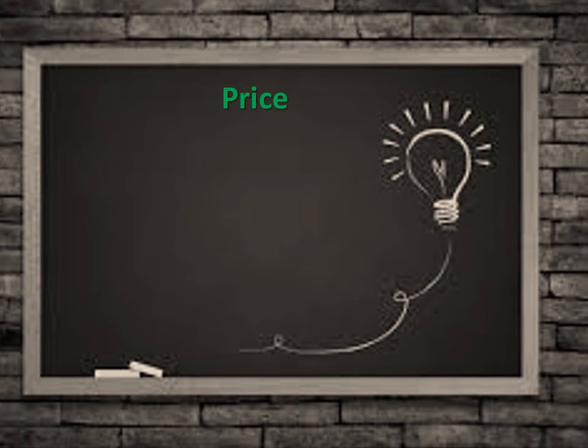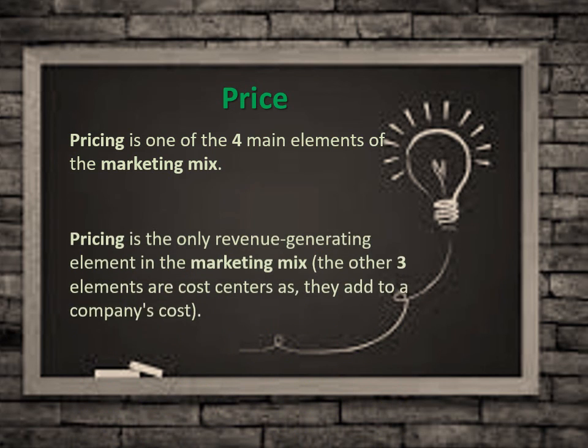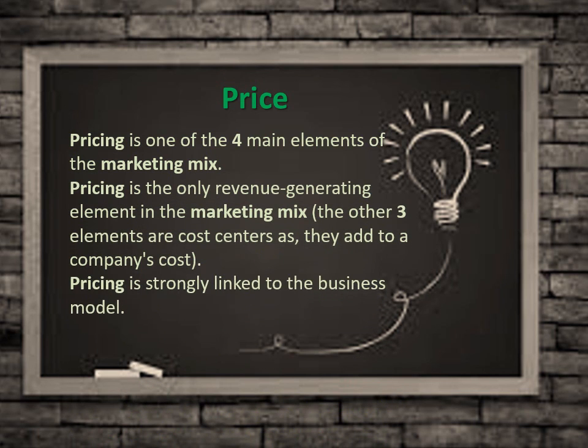So now we move on to the second element of the marketing mix, that is the price. Obviously, on a common sense basis, you can determine that price is the value that you're ready to pay for a product or service. And remember, out of the four interrelated elements that define the marketing mix, price is the only revenue generating element.